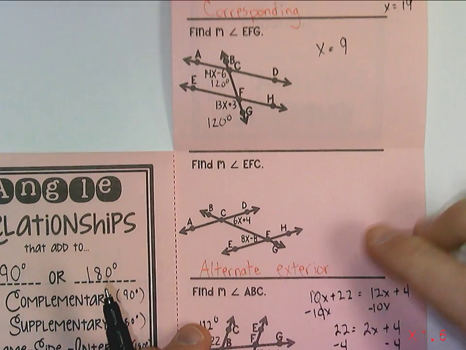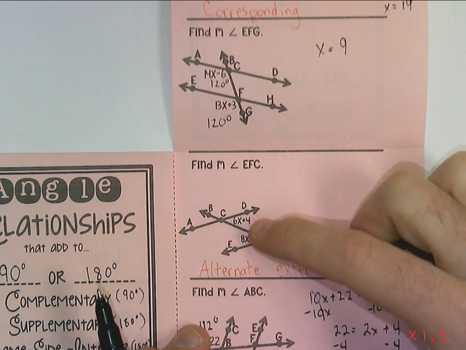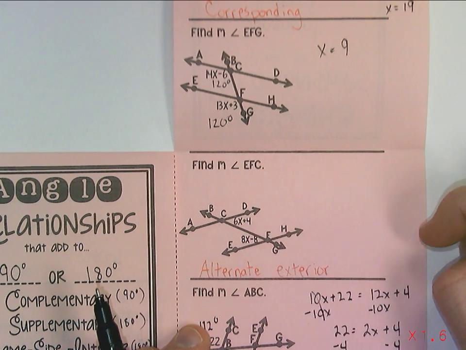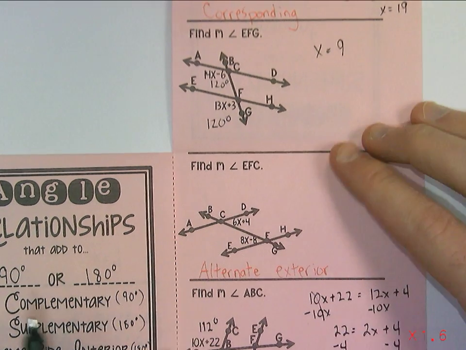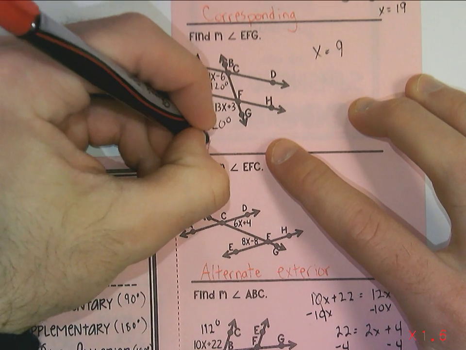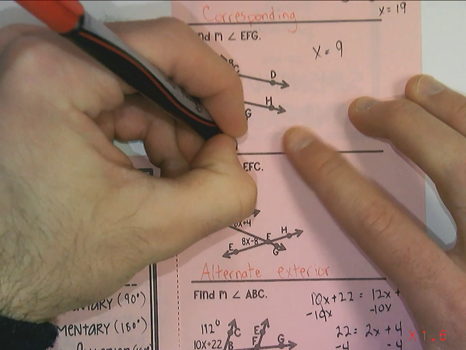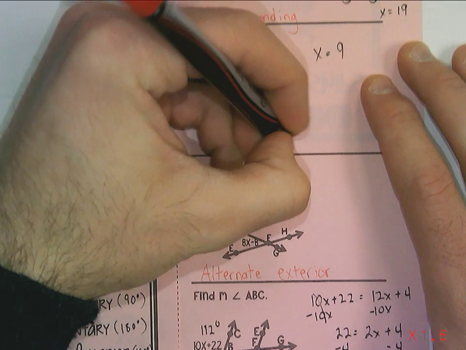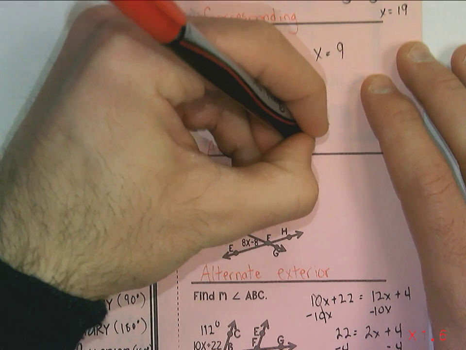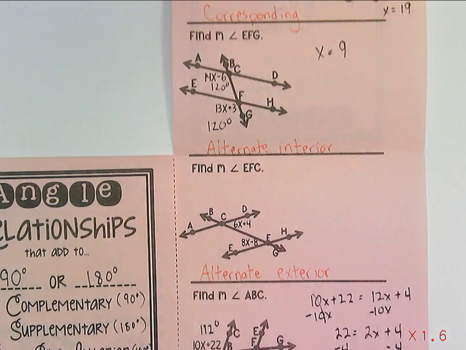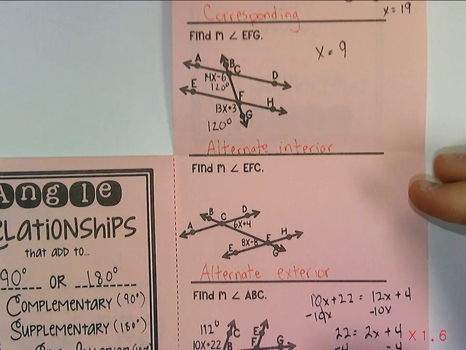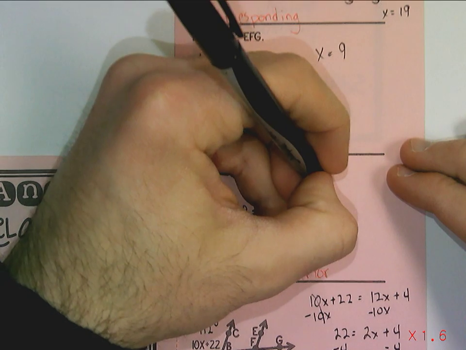And finally, this example here. These are inside. They're opposite of each other, so alternate. That means these are alternate interior. The value of x that you should get for these when you set them equal to one another and solve for x is x equals 6.